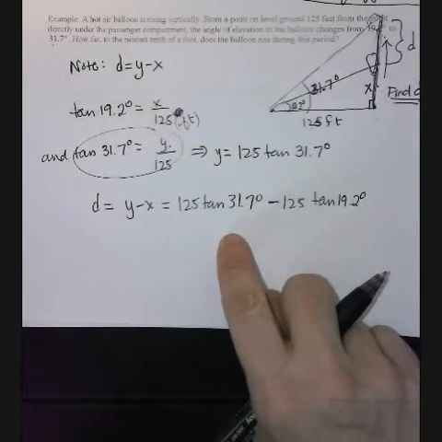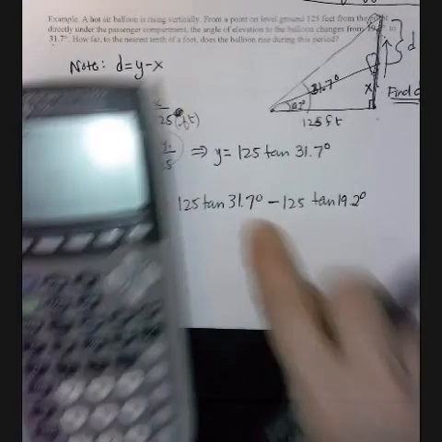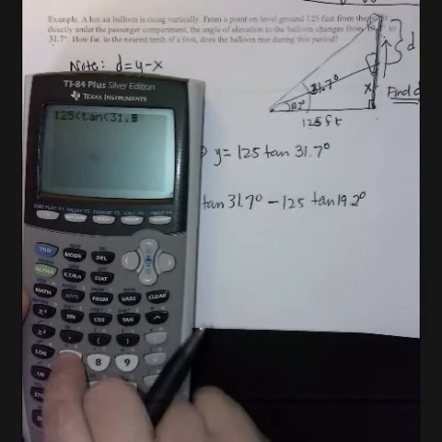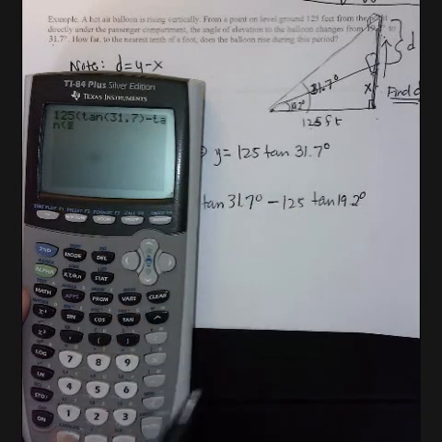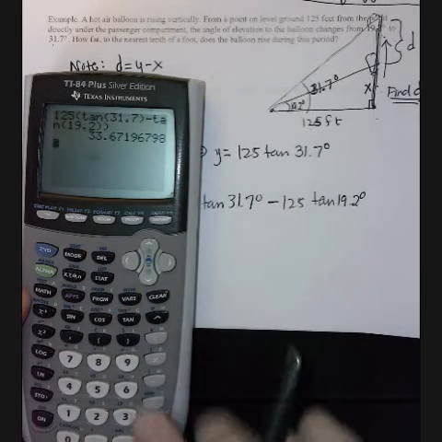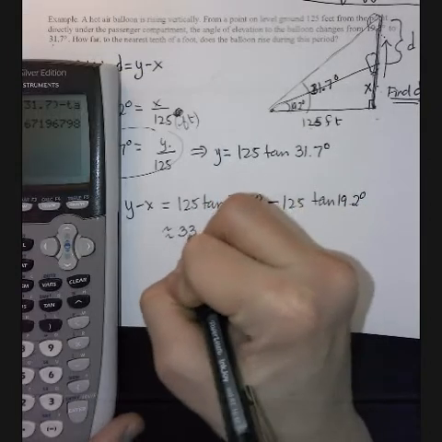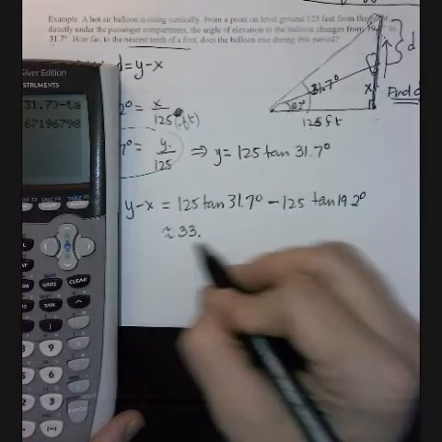Or you can factor the 125 out. So 125 times the tangent of 31.7, make sure you close that parenthesis off, minus tangent of 19.2. That is approximately 33 point, I said nearest tenth of a foot, so 33.7 feet.